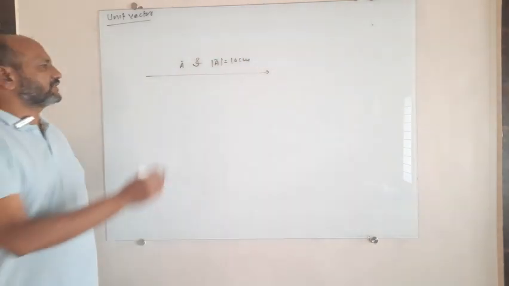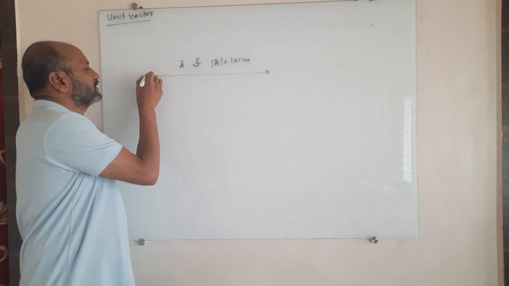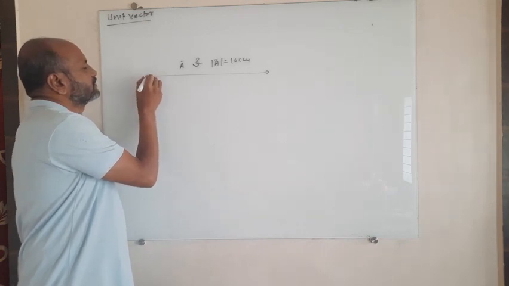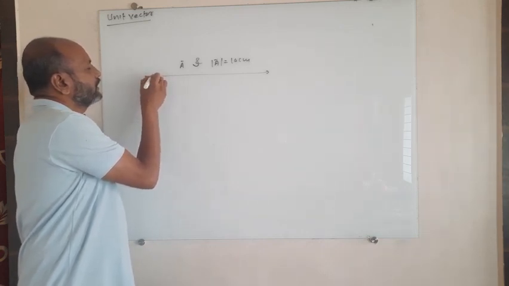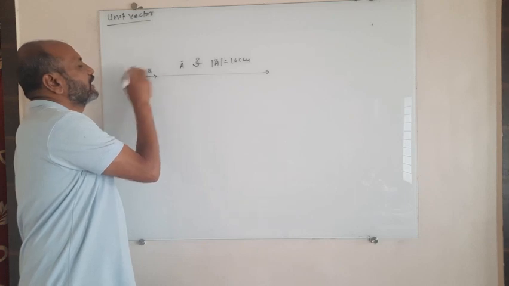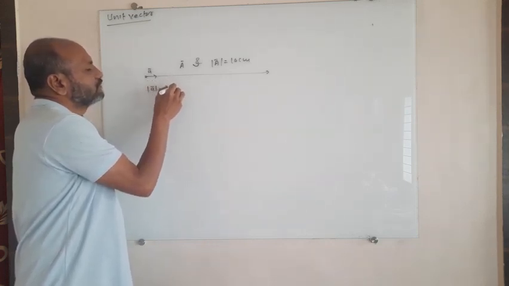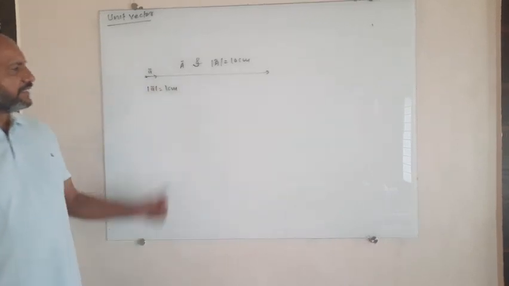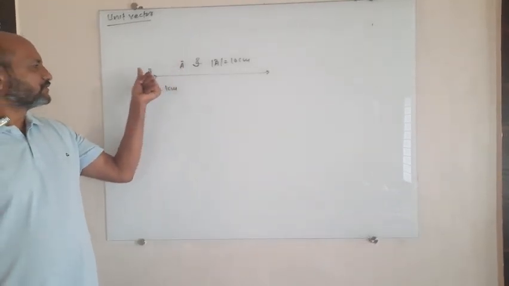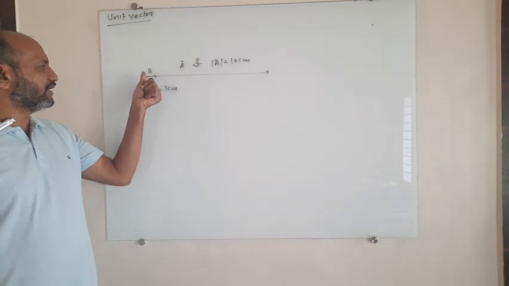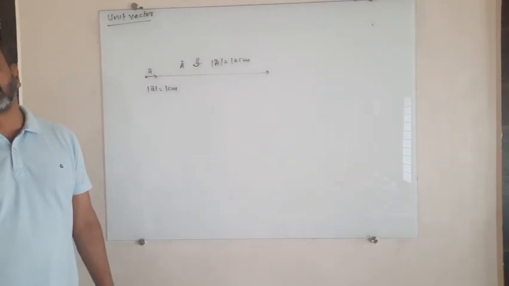Taking another vector, small a bar, whose magnitude is equal to 1 centimeter and in the direction of A, this small a bar is the unit vector.